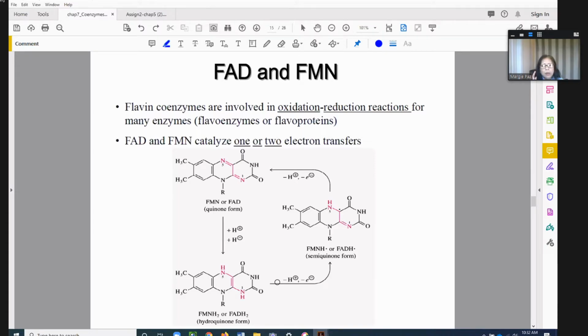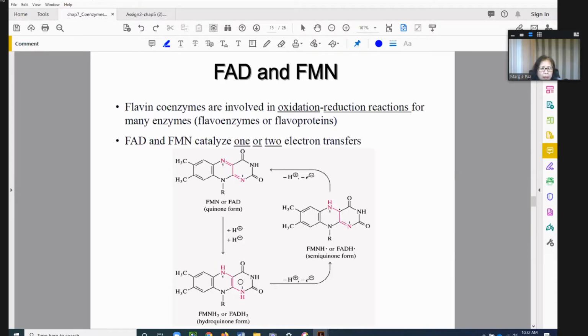When we compare FAD and FMN with, say, NAD and NADP, remember that NAD and NADP are capable of conducting 2 electron transfers. FAD and FMN catalyze either 1 or 2 electron transfers.